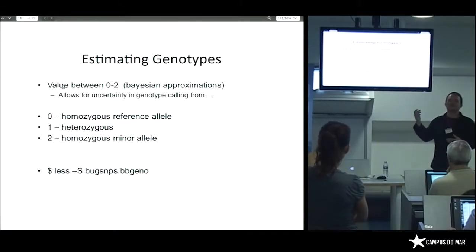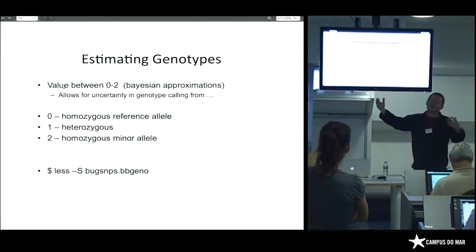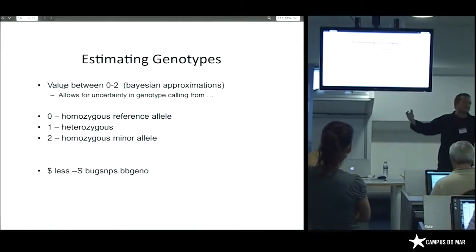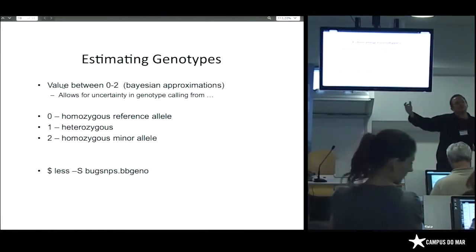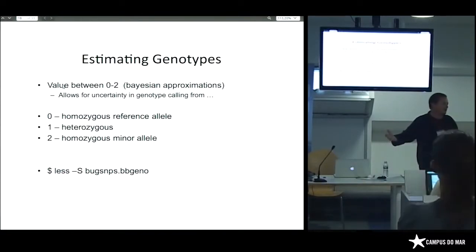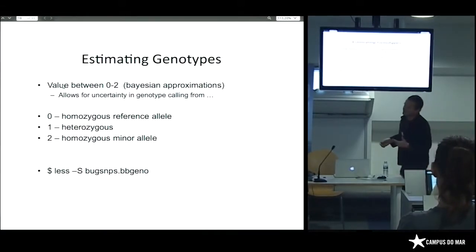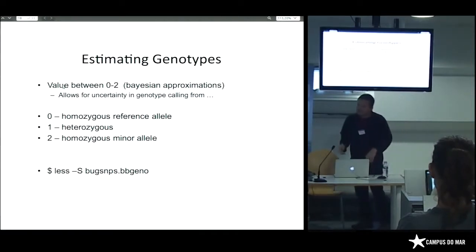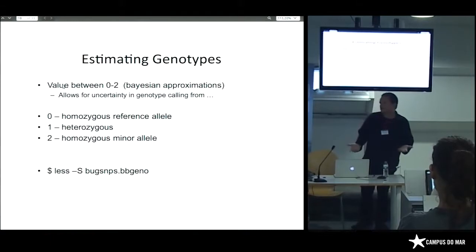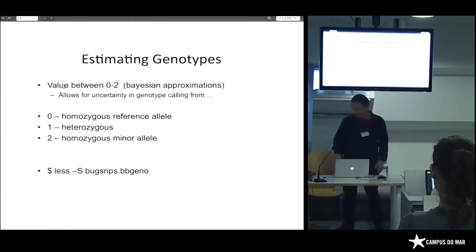But because we estimate through a Bayesian process, we only have an estimate. So we can have some uncertainty. We can have 0.1, so it's likely to be a homozygote, but we're not saying it is. And a lot of our pipelines allow for this uncertainty in our genotype calling, which allows us to get away with a little less information and just take into account that we're not certain.